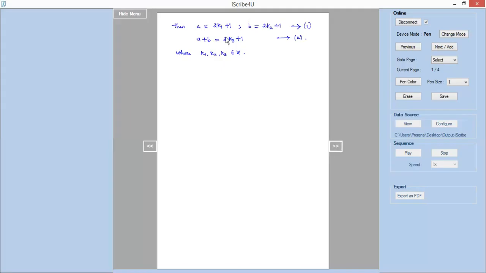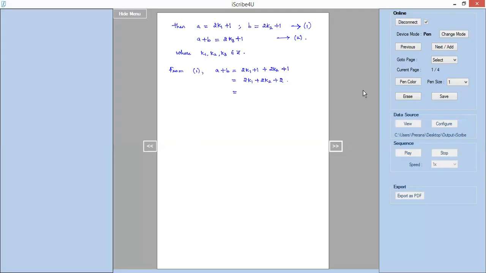Now from equation 1, let us add A and B. What do we get? 2k1 plus 1 plus 2k2 plus 1. This is the same as writing 2k1 plus 2k2 plus 2, since 1 plus 1 is 2.